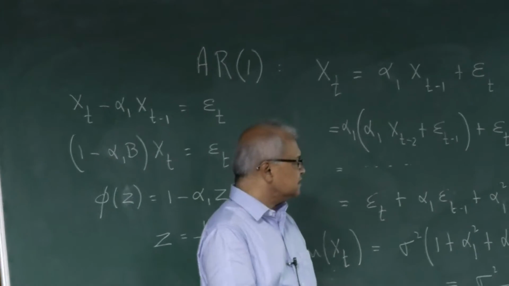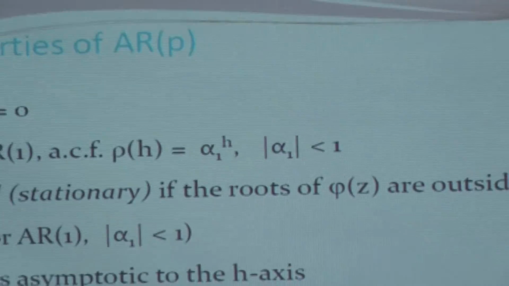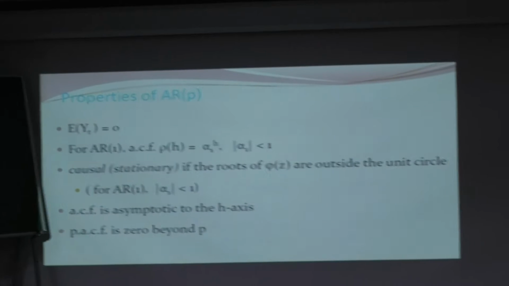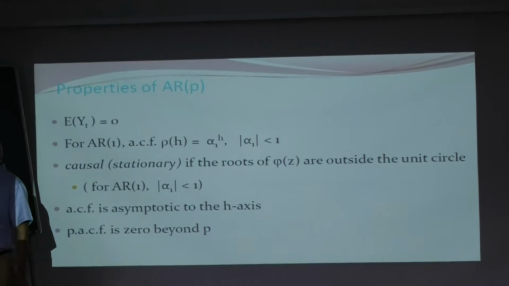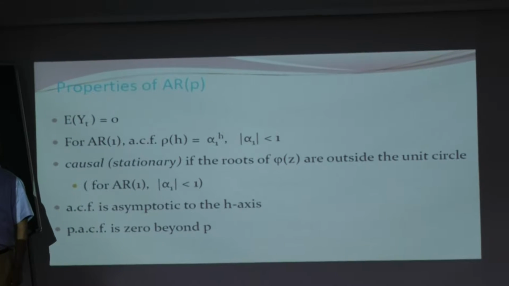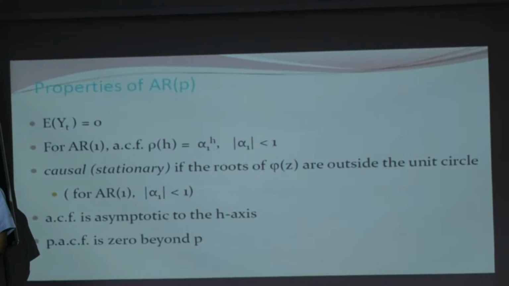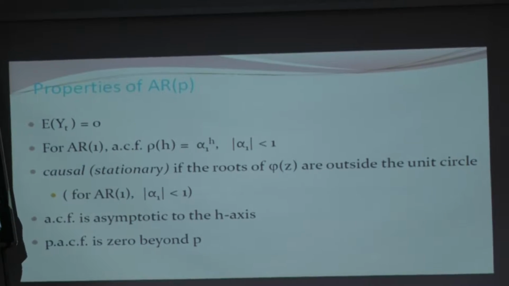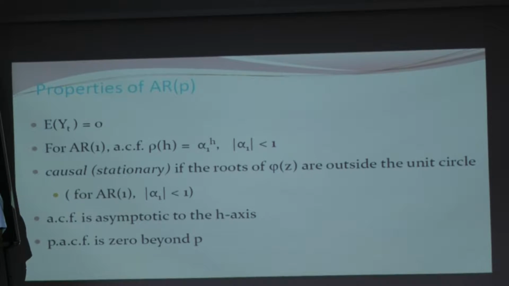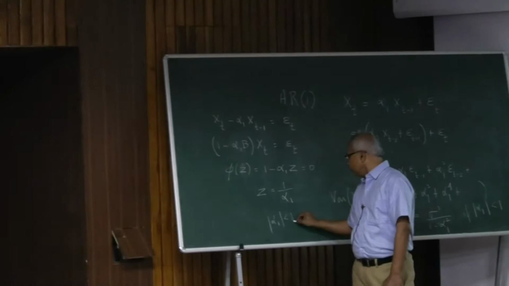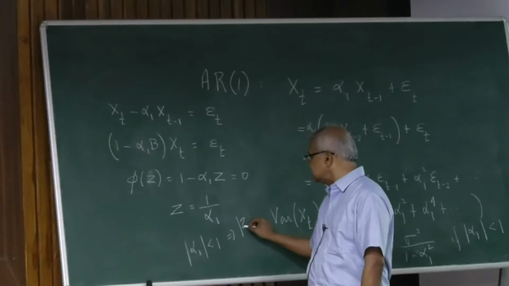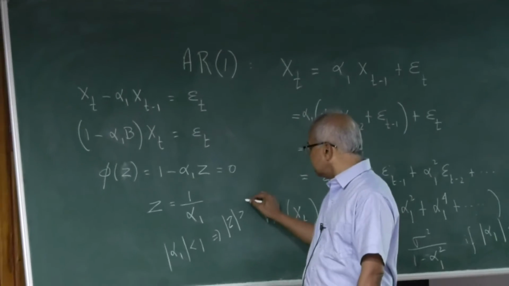If alpha 1 is less than 1, you can say it that way. Or you can say if the root is greater than 1. Okay, so another way of putting it is if the root is greater than 1. So you see alpha 1 less than 1 would imply that z is greater than 1.